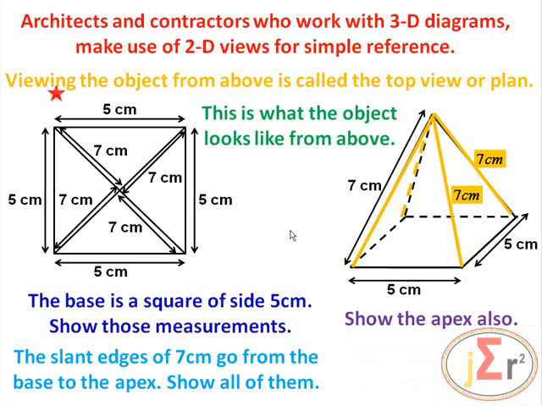Show the apex. We have the apex right there. So the apex will appear to be a point in the middle of the diagram, and the slant heights will come together to form the diagonal of the square.